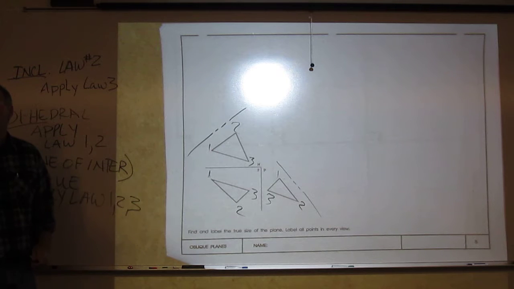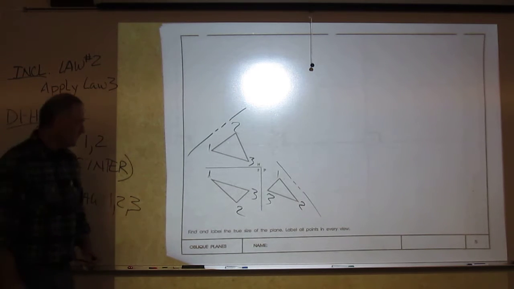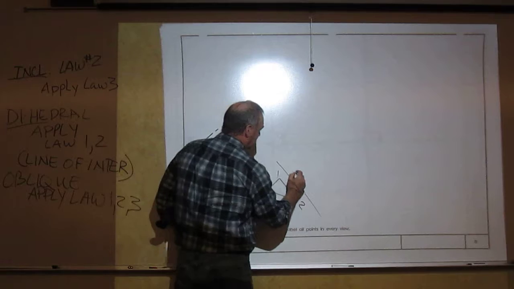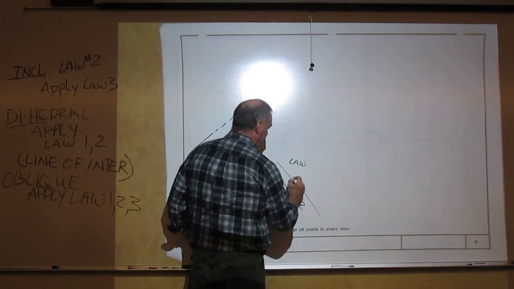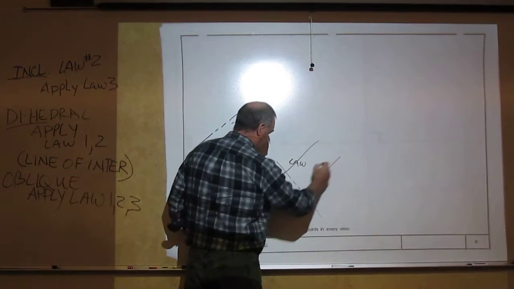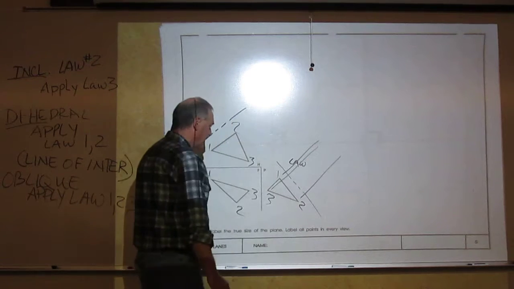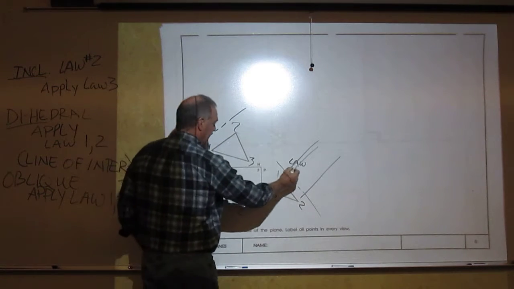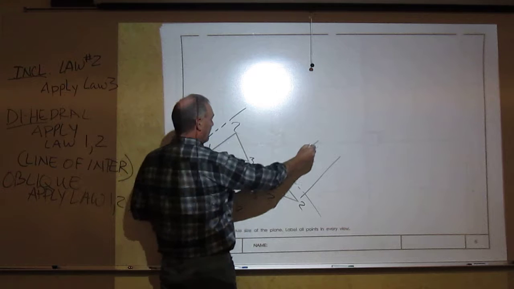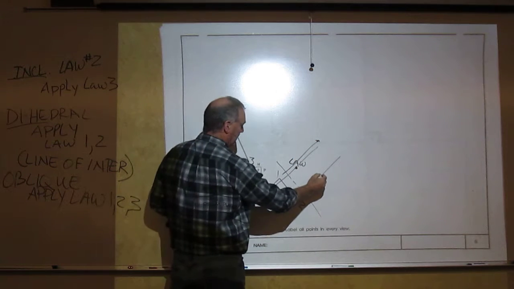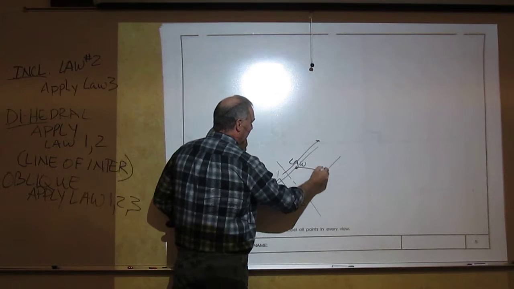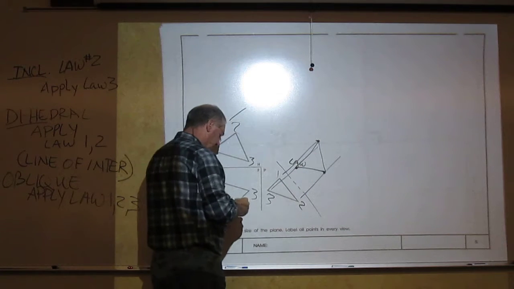It doesn't matter. You get the same result. Let's say I'm doing this one, so I'm going to apply law 1 here. So in essence, I'm going to project, and then find all those measurements. I'll just kind of estimate: 3, 1's out there a little bit, 2's a little closer. So I'm going to be something like this. Use a different color.